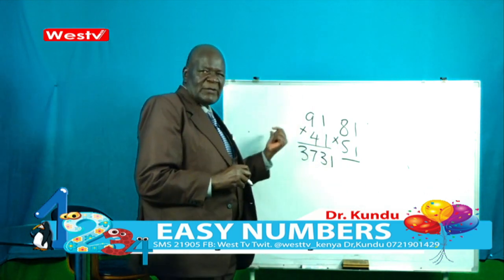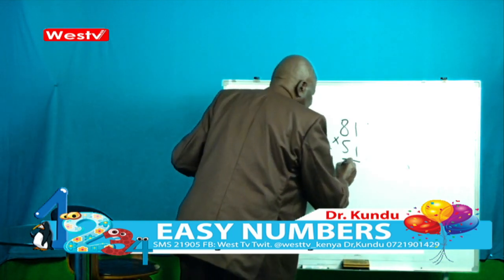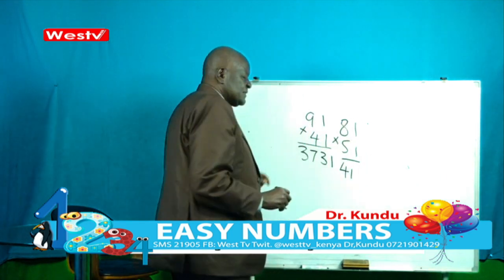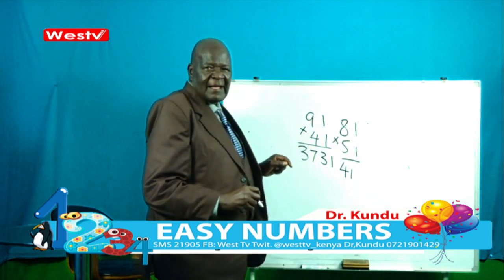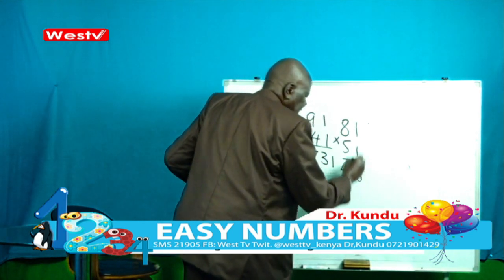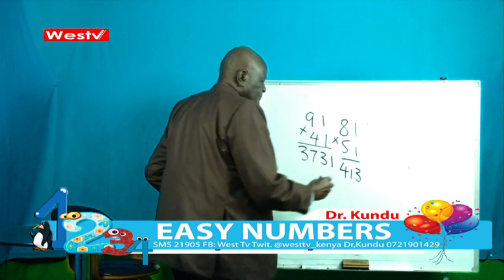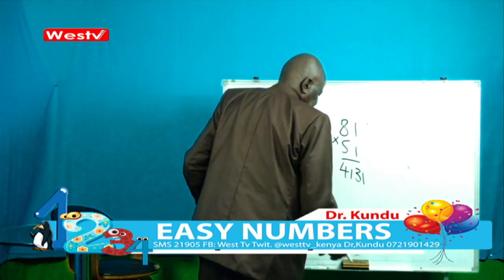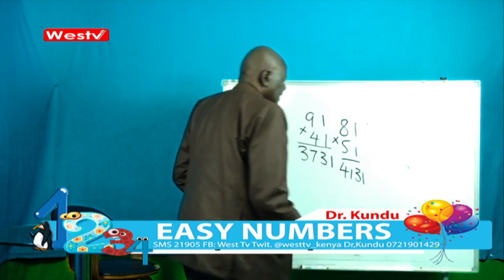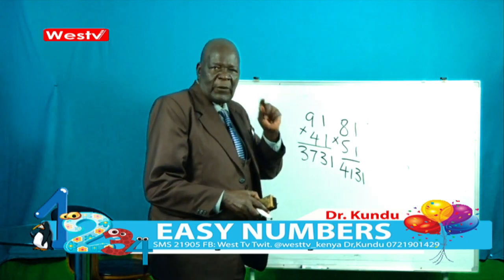That means 1 will be carried to the 40. And the 40 becomes 41. And because this addition gives 13, I only write the ones digit here, 3. And I drop 1. So you are able to see answers mentally whether the addition will be 2 digits or 1 digit.